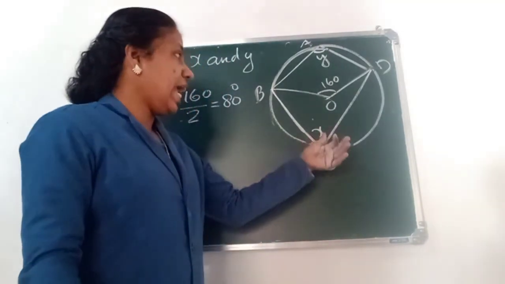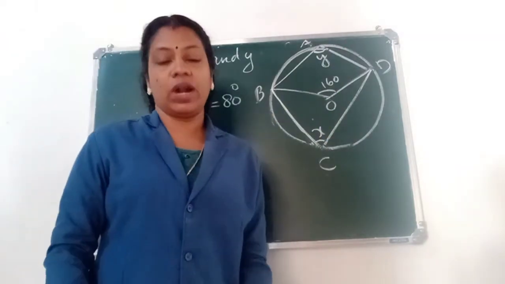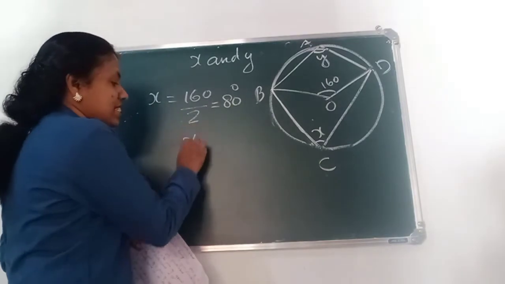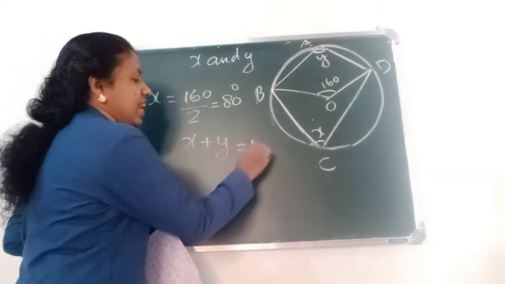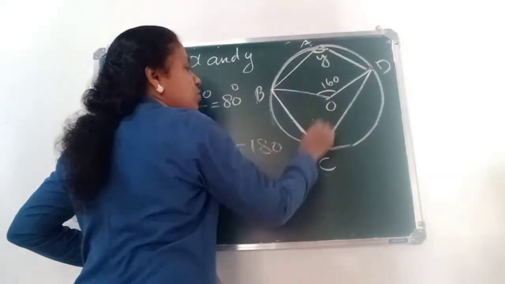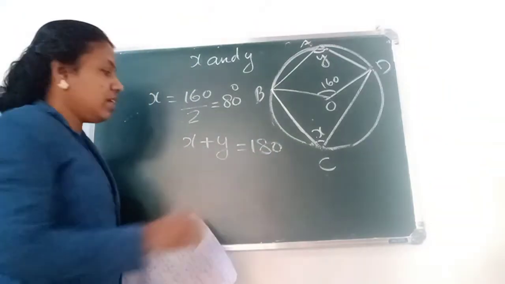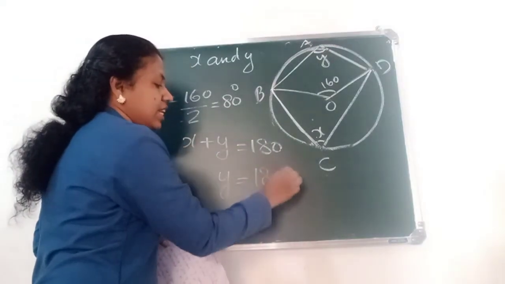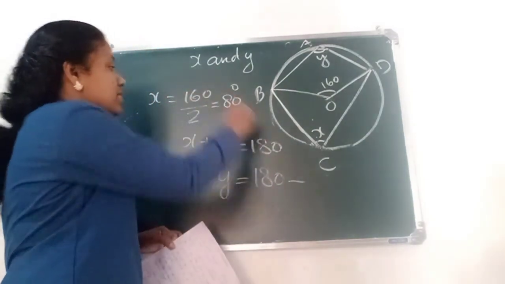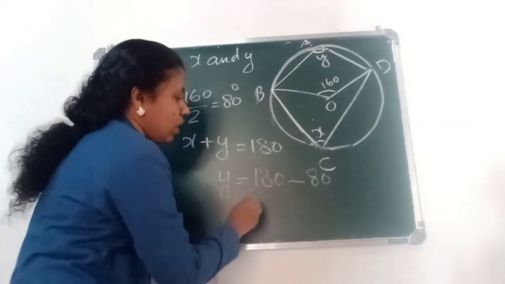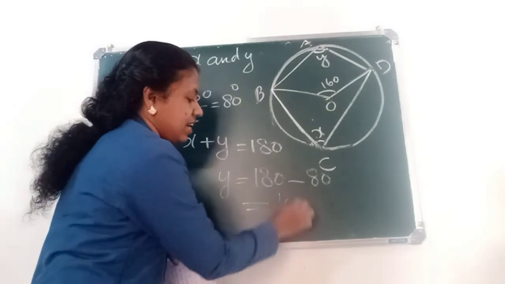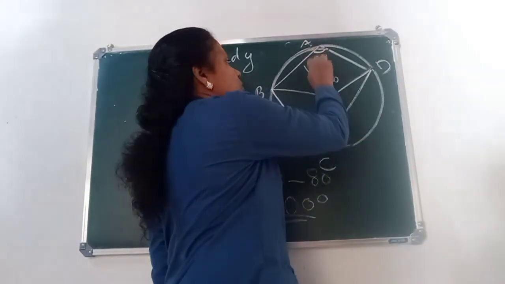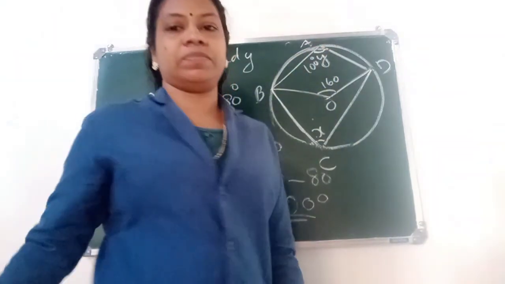That is X plus Y equals 180 degrees, so Y equals 180 minus X. X is 80 degrees, so 180 minus 80 is 100. So Y equals 100 degrees.